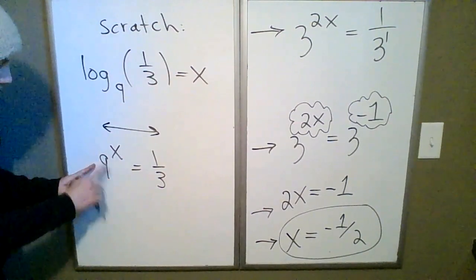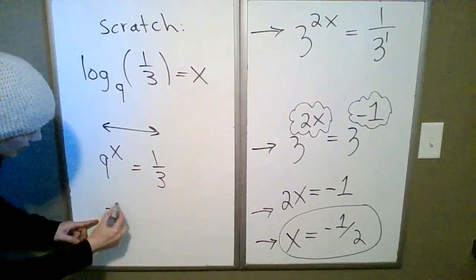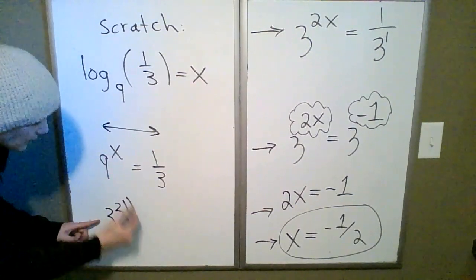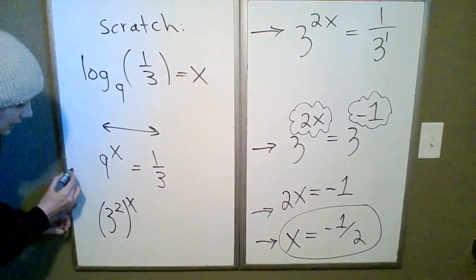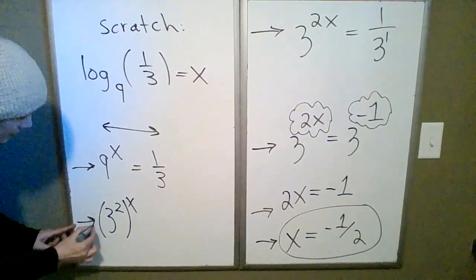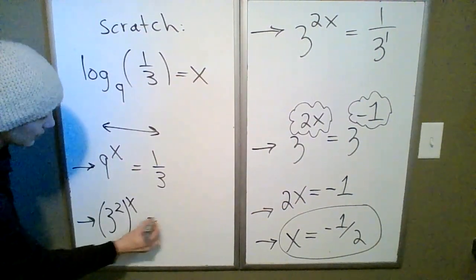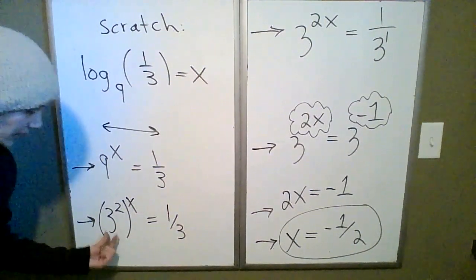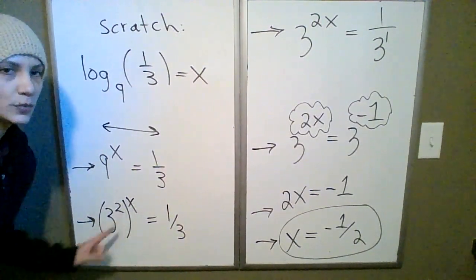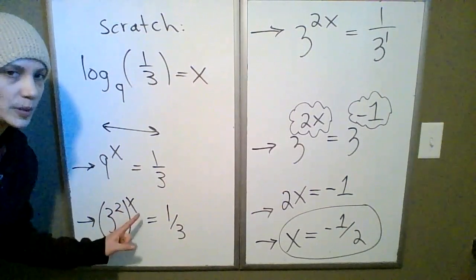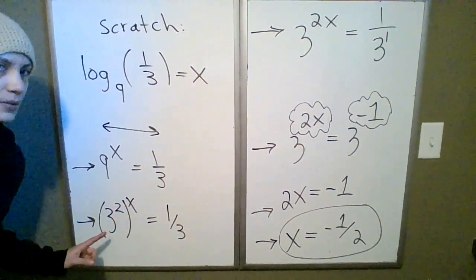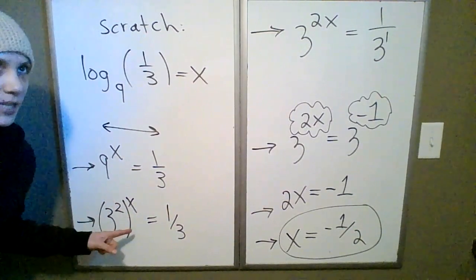So let's replace that with 3 squared, and that still has the power x. From this step to the next, when you have a power raised to another power, you multiply those numbers together. So keep the base 3 and the power is 2 times x.